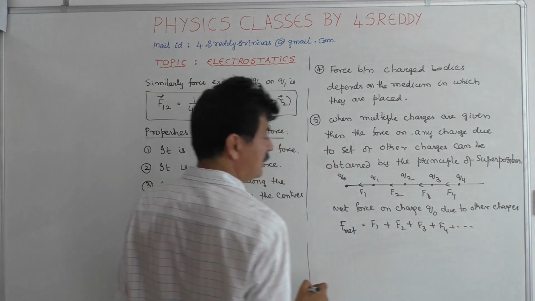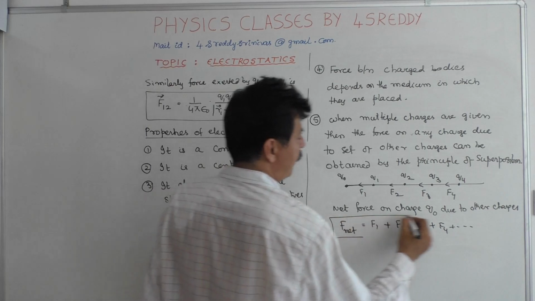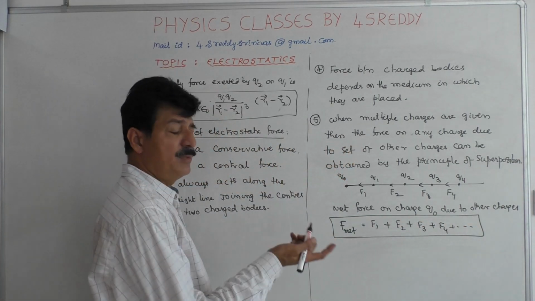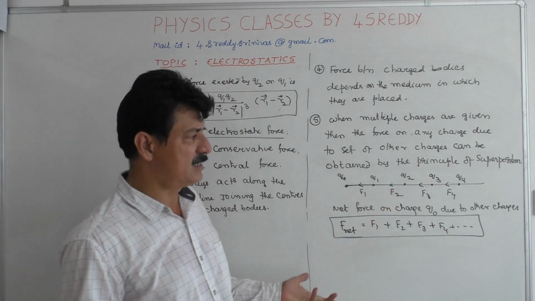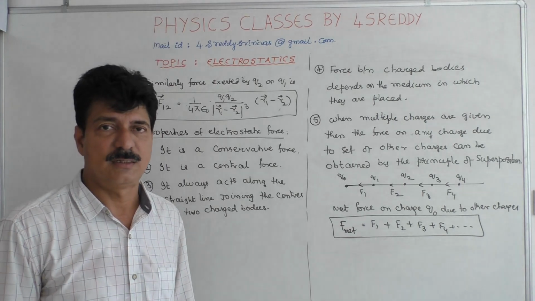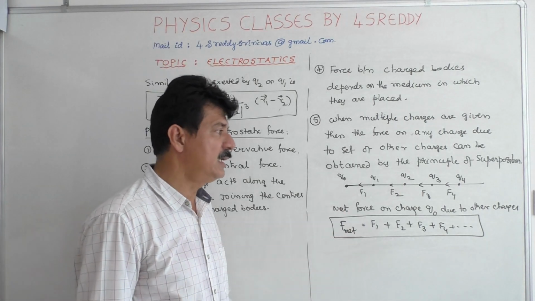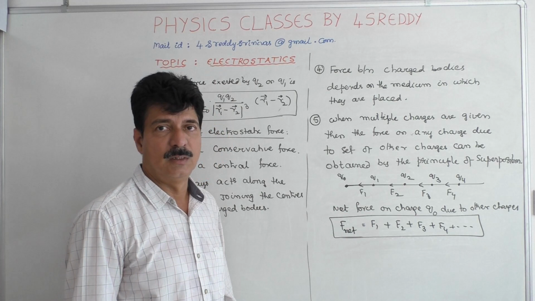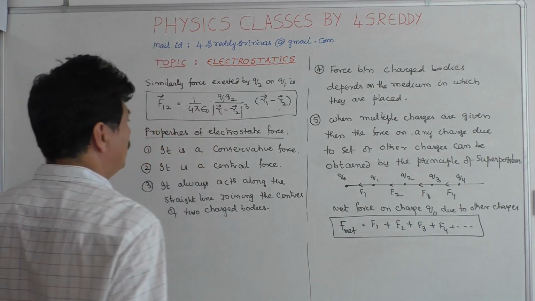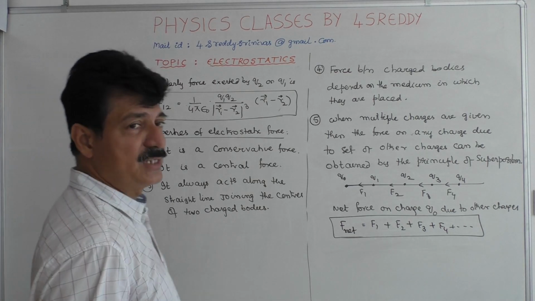This is in magnitude terms. Or if you take the vector form, because all are the same, we write the algebraic sum of all the forces gives the net force on the given charge.